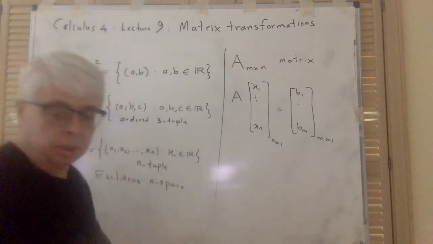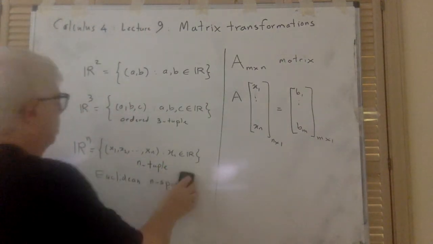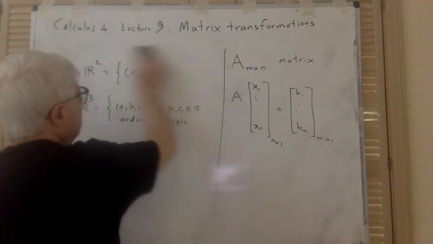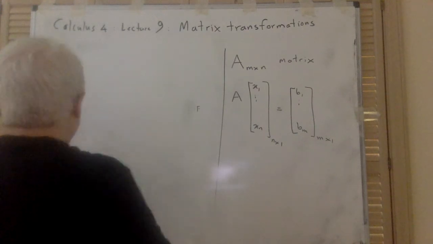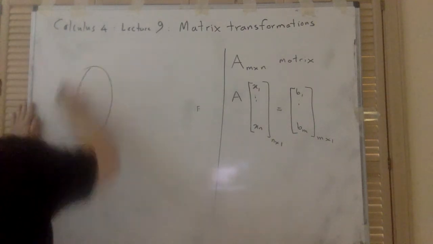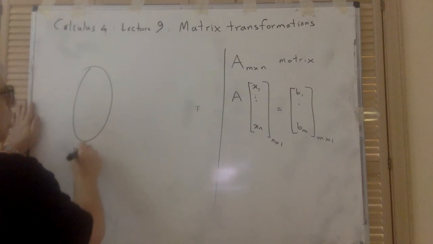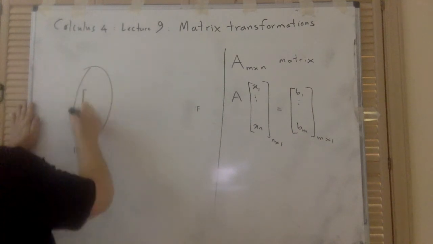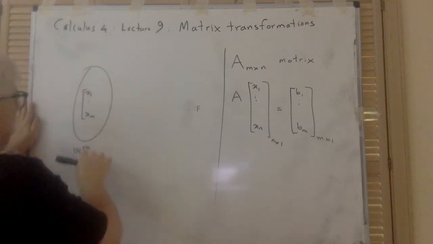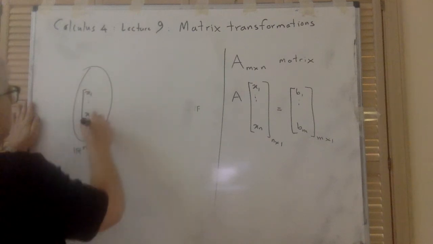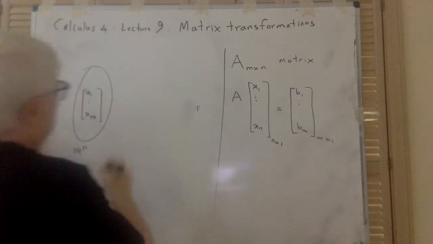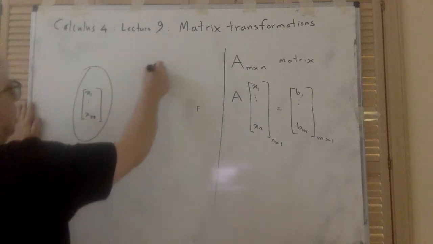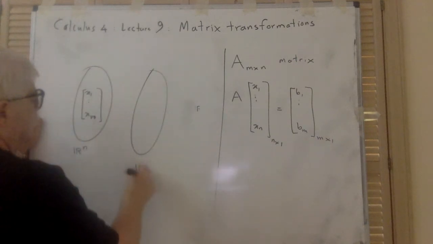So it's like this matrix is doing something like this. This matrix takes a vector in Rn, this is n, into a vector in Rm.